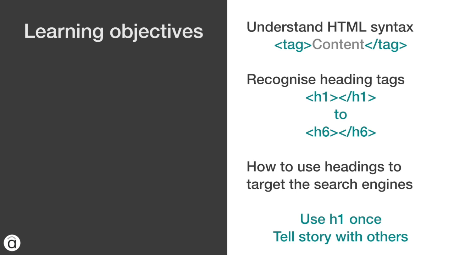Recognizing heading tags: the biggest one and the most important on your web page is the H1, and as I said earlier, different web pages on your website can have different H1 headings, and then use H2 to 6 to tell the story. And finally, how to use the headings to target the search engines. Just to reiterate, use H1 once and then tell the story with the others in descending order.